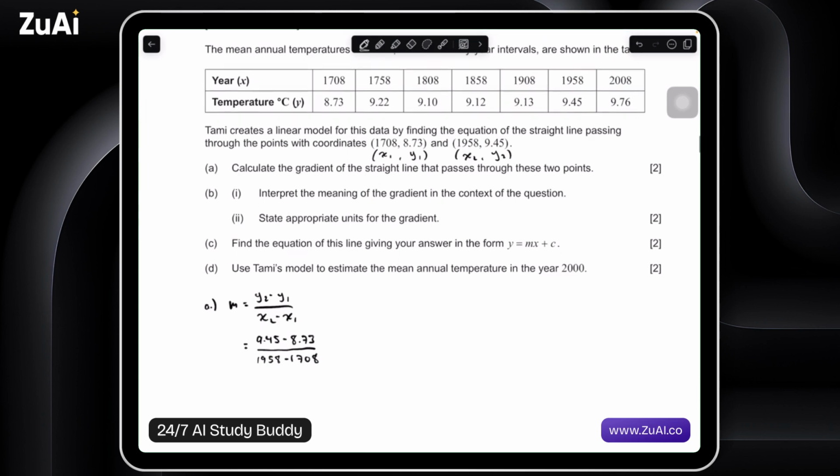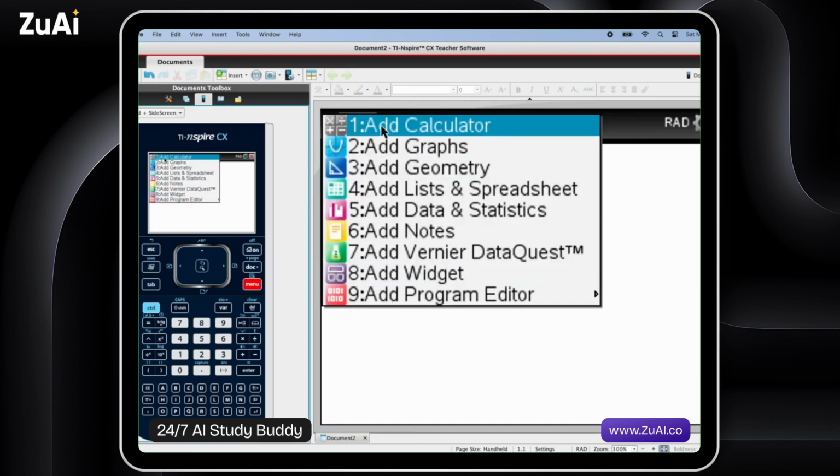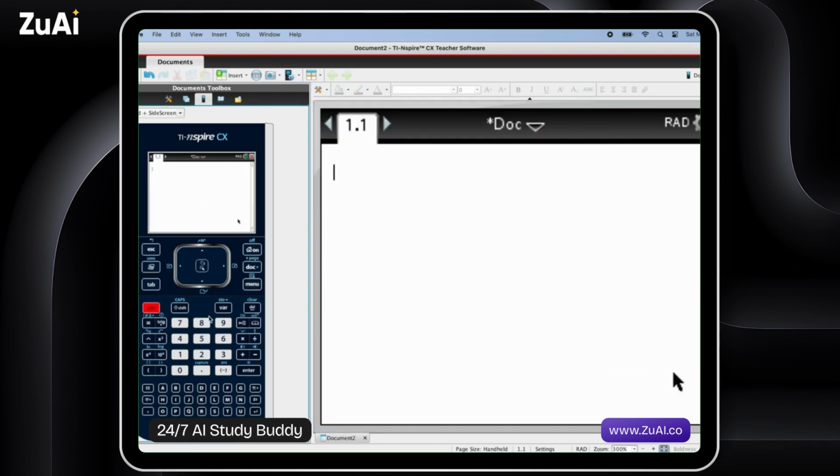Okay, let's go ahead and calculate this. Just bring up the calculator screen. Here we go. And let's solve. Okay, let's get a fraction. 9.45 minus 8.73 over 1958 minus 1708.